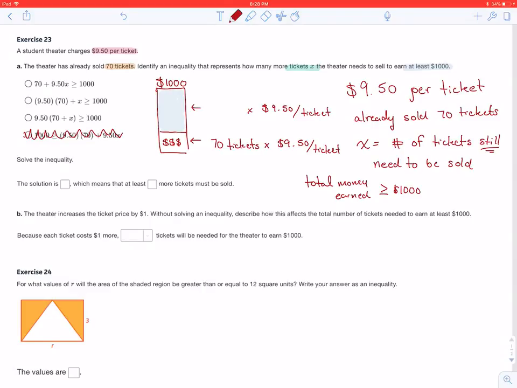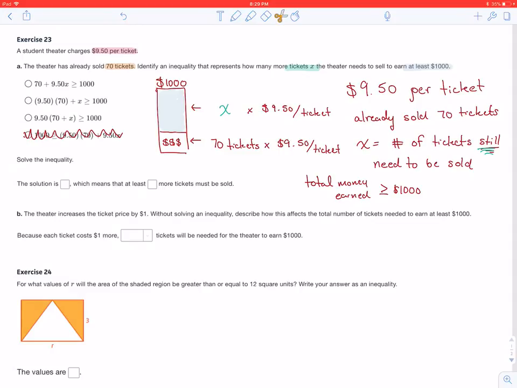But I need to determine how many tickets I need to sell. So I'm going to multiply that ticket price by X, the number of tickets that I still need to sell. To determine my total money earned, which I want to be greater than or equal to 1,000, I would take the money that I have now and add it to the money that I still need to make.